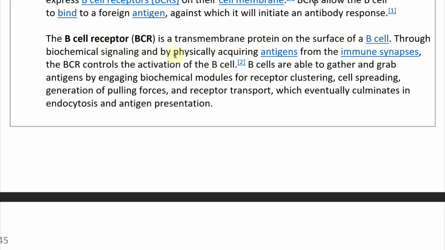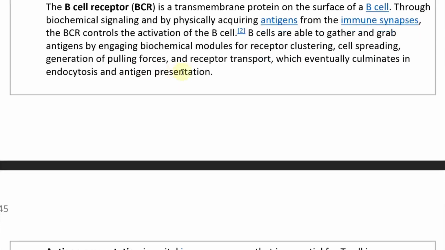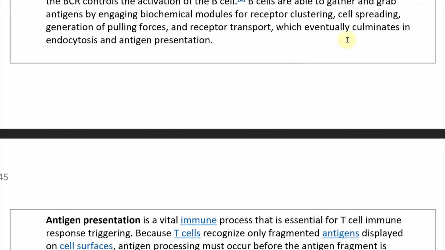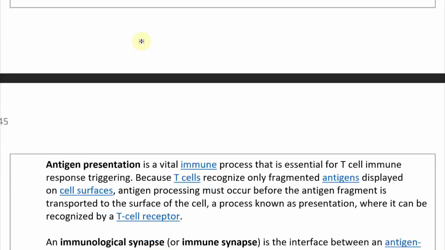Through biochemical signaling and by physically acquiring antigens from the immune synapses, the BCR controls the activation of the B cell. B cells are able to gather and grab antigens by engaging biochemical modules for receptor clustering, cell spreading, generation of pulling forces, and receptor transport, which eventually culminates in endocytosis and antigen presentation.